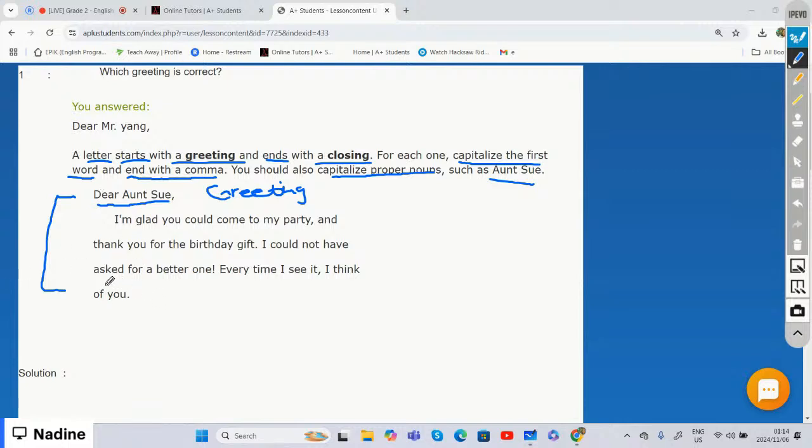Then you need to end your letter by saying either Love and your name, or you basically just end your letter. But Love is basically the quickest and shortest one. And that is our closing or ending.